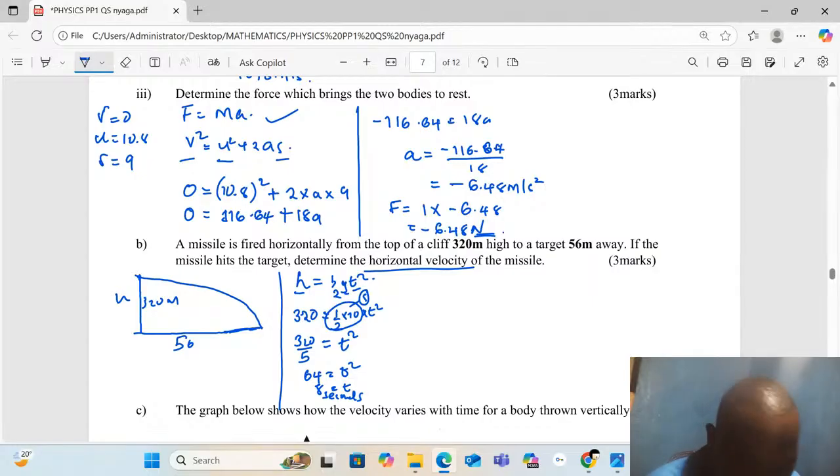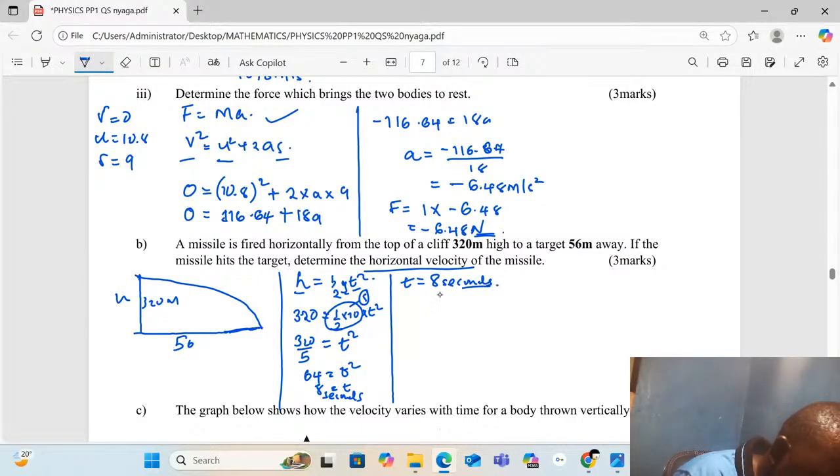So having t as 8 seconds, now from the horizontal line, we use the formula where range is given by ut, then you can get the u, which is the horizontal velocity.